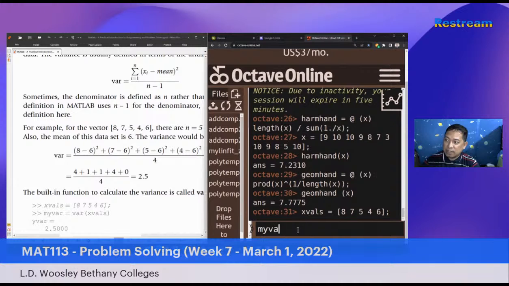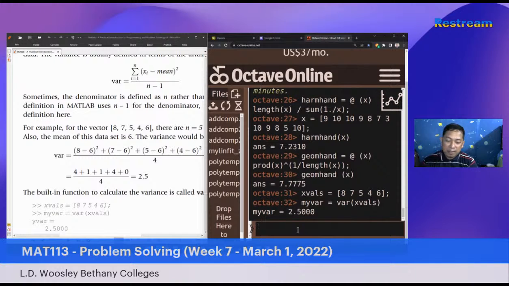Then command myvar. My var is the var of the function xvals. So the answer is 2.5. So yun yung computation natin ng variability. In fact, you could do that in your calculator as well. There are ways and means where we could solve that using your calculator.